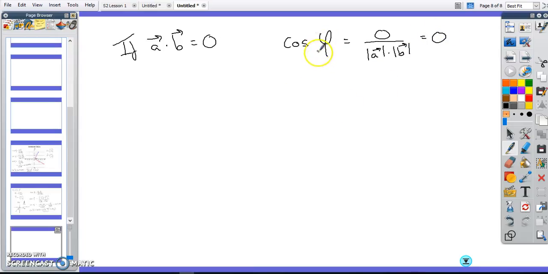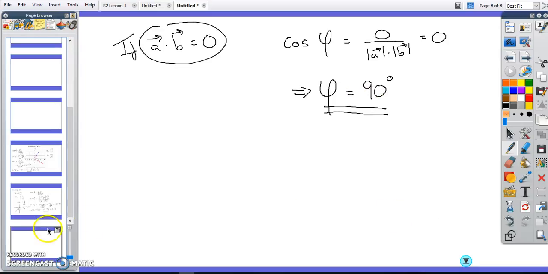And of course, if the cosine of the angle is 0, that means that the angle itself would be 90 degrees. So we can also see that if A dot B is 0, that means that our angle between A and B has to be 90 degrees.